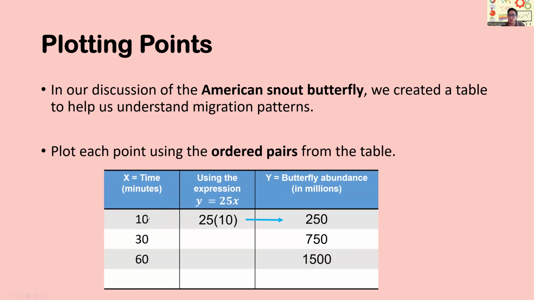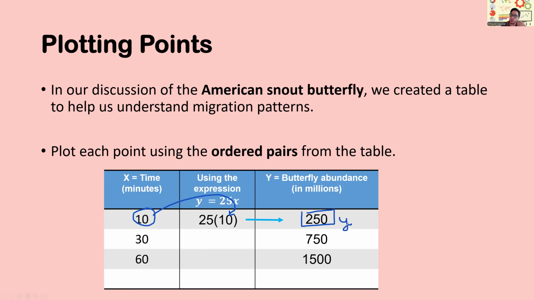We take that x value, sort of like the way we did with some of the problems yesterday when we were evaluating expressions and evaluating functions. We took this x value, we plugged it in for x, and then whatever we evaluated, that would be our output value, and that's what we're calling the y value.